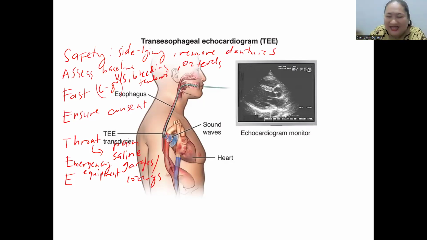And lastly, aside from your emergency equipment, make sure that the gag reflex has returned. That's part of your education. Usually they use lidocaine spray to suppress the gag. So educate your patient to wait for the gag to return before oral intake.